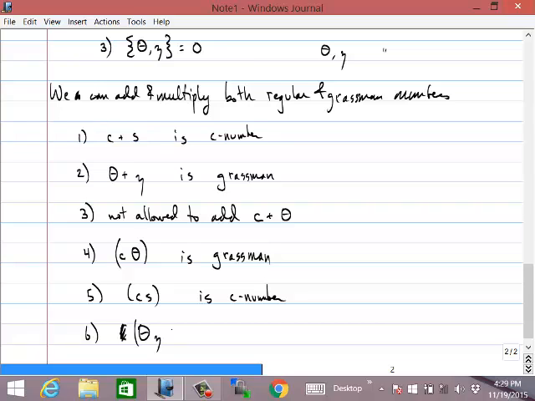Well, does anyone know the answer to that? If you take two anti-commuting objects and multiply them, are those going to be anti-commuting or commuting? So if you take, say, three Grassmann numbers, theta, eta, and psi, and you take the product of theta and eta, is that going to commute with psi or anti-commute with psi? Does anybody know? It's going to commute. Right. So this is going to be a C number.